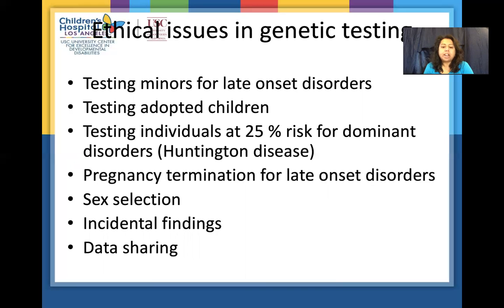And whether or not late onset disorders are precipitating early pregnancy terminations is also up for debate.